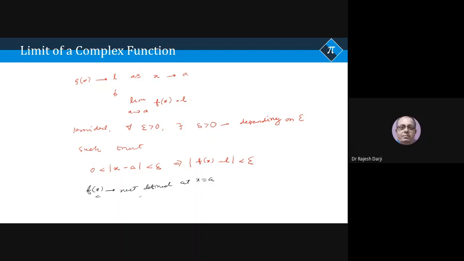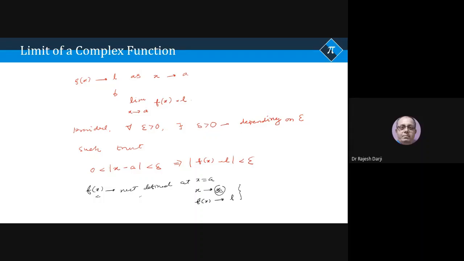Limiting means that when x is taken closer and closer to a, then the value of the function should move closer and closer to some fixed value L. However, at exactly point a, the value does not exist.